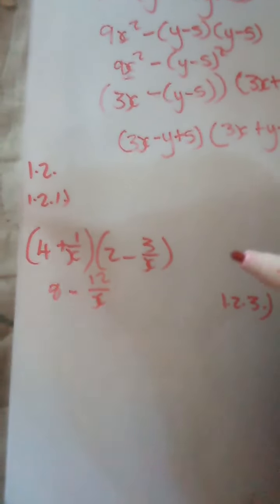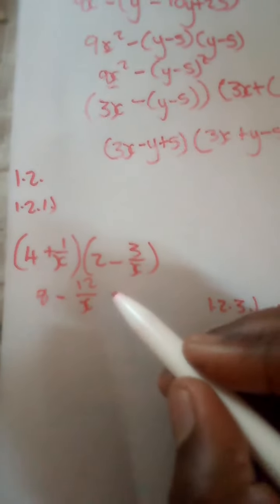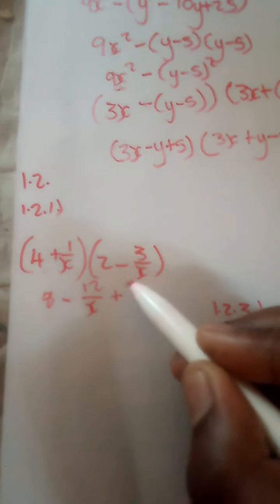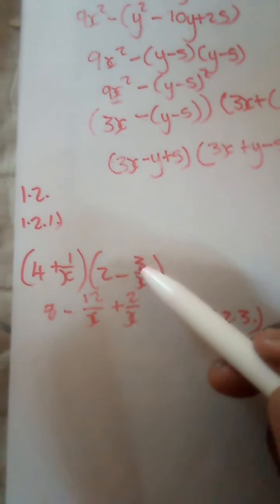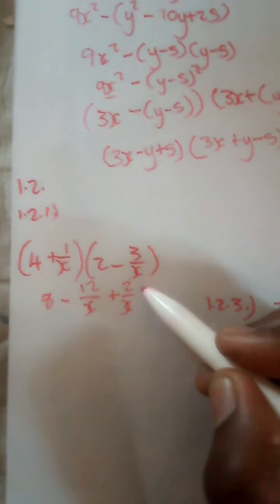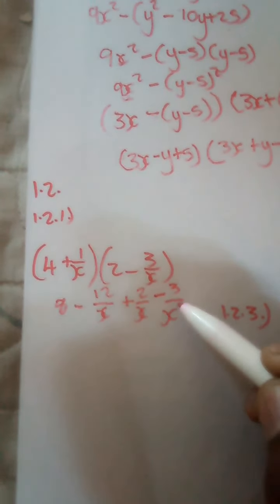And then 1 over x multiplied by 2 is positive 2 over x. 1 over x multiplied by negative 3 over x is negative 3 over x squared.